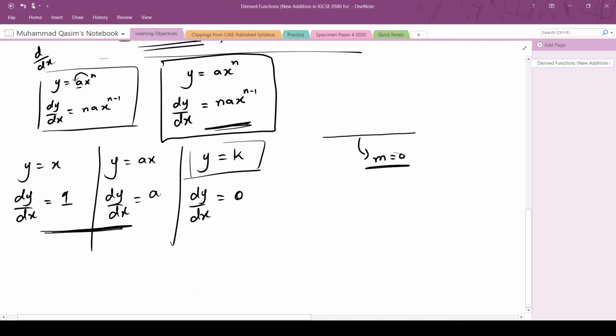So in this manner you can connect these two. The derivative, meaning the gradient of this equation, is going to be 0, because y equals a constant number is going to result in a horizontal line.